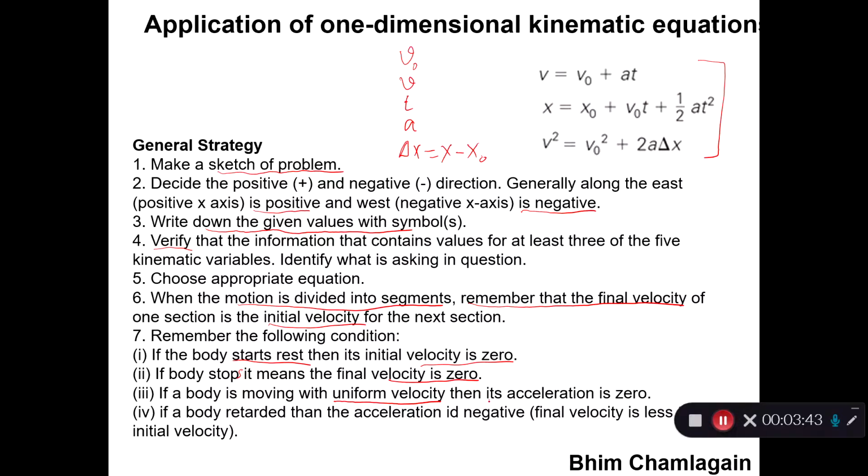It means its acceleration is 0. On the other hand, if a body is retarded, then its acceleration is negative. Retardation means its velocity goes on decreasing over time, so final velocity is less than initial velocity.